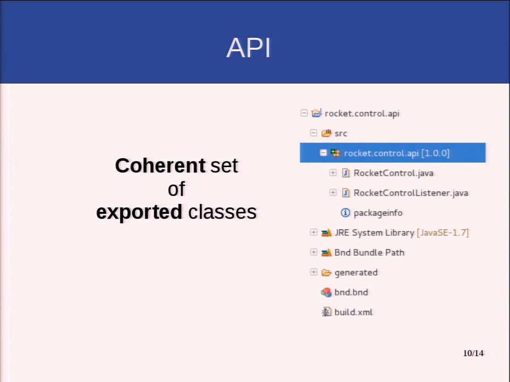Some module can listen to changes in the controller, and that's a consumer type. So listeners, callbacks, notifiers, these types are typically consumer types. Keep this in mind, we'll use it in the demo later on. We have a version of 1.0 for the API, and the bundle also has that same version. It isn't shown, but it's also at 1.0.